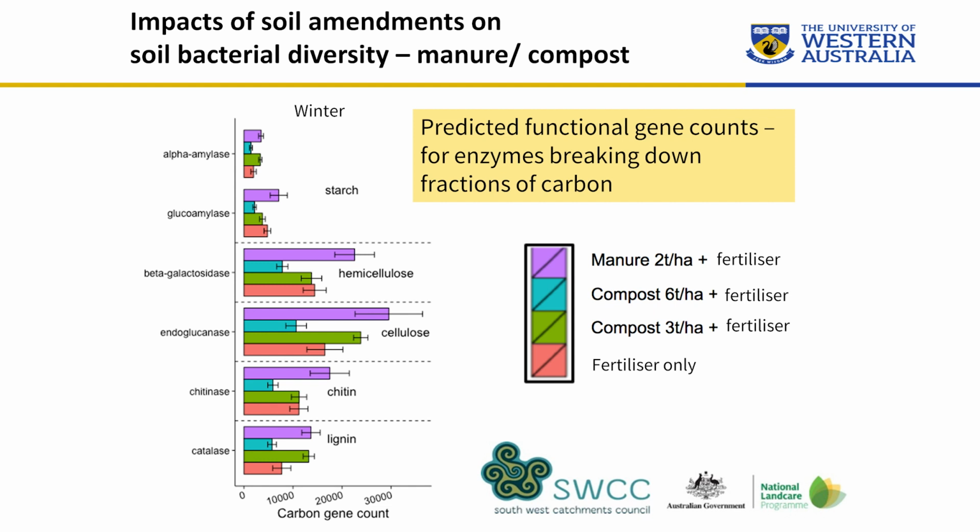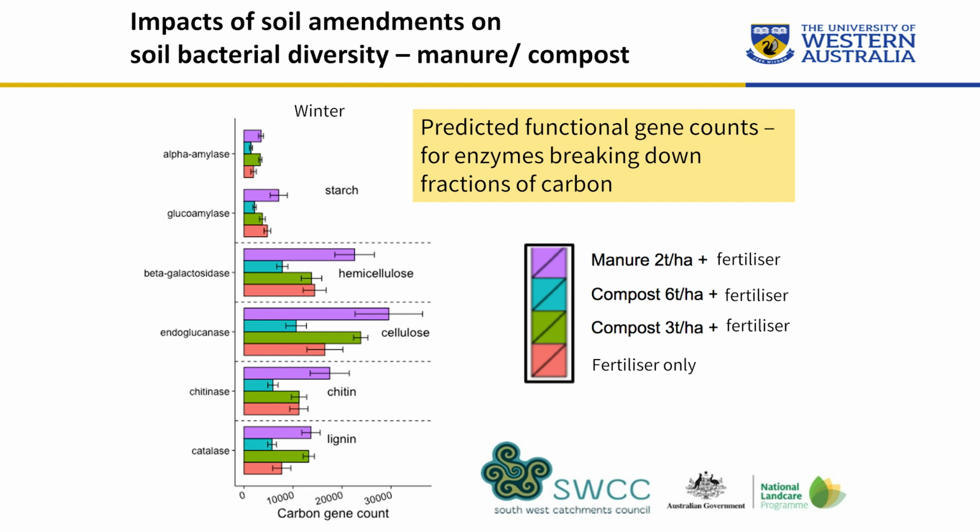But in this case, the DNA sequencing is collected from a whole community of the organisms in the soil. In this case, it's bacteria. And then the sequences in that DNA can be related to an organism, or they can be related to a protein that's produced.